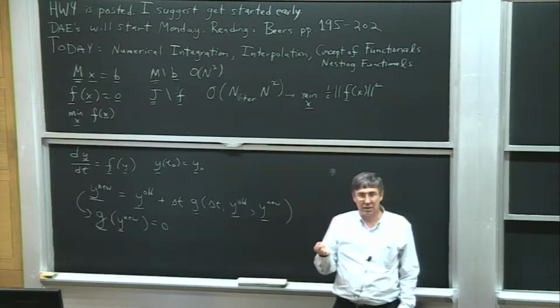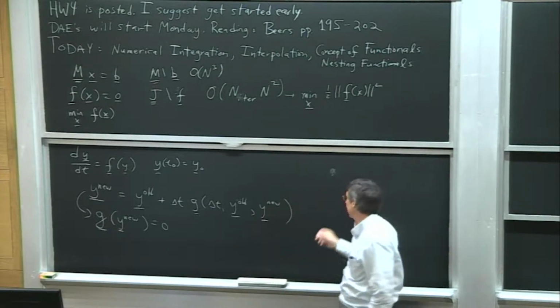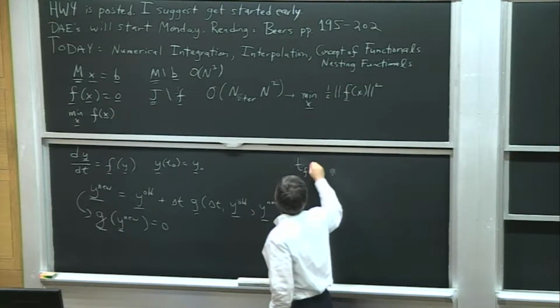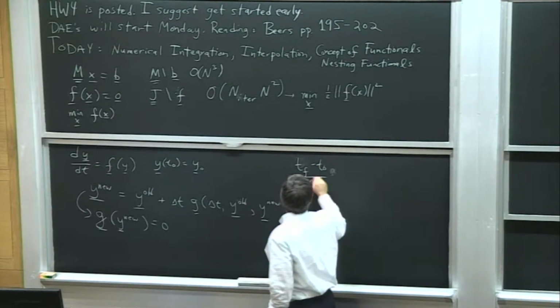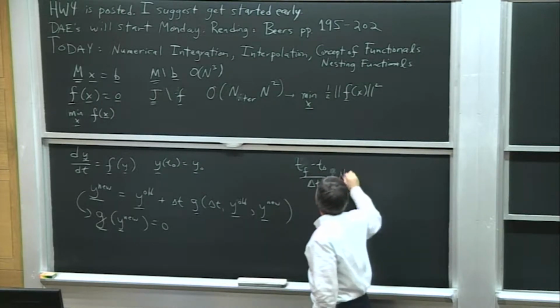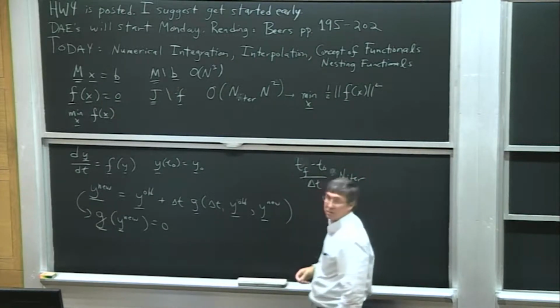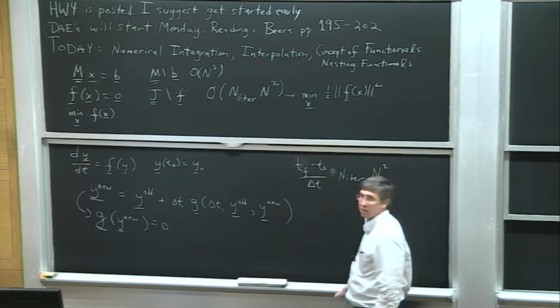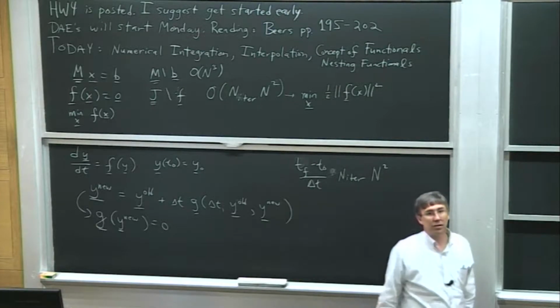It depends on how many time steps I have, so how small my delta t is. It's something like t final minus t naught over delta t. That's the number of time steps if I have constant delta t. Times the number of iterations it takes to do the nonlinear solve, times n squared, which is the cost of forming the Jacobian matrix.